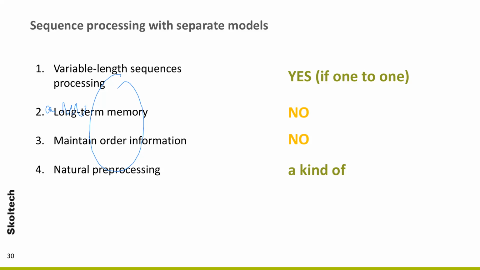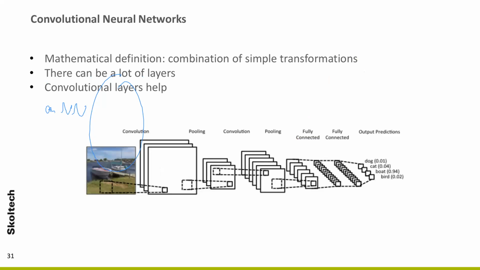Sometimes it can handle variable length sequences if you apply it straightforwardly, but it has no memory. It has no information about order, or at least very specific. Also, it can be an end-to-end model, but it's not the only problem we want to deal with.